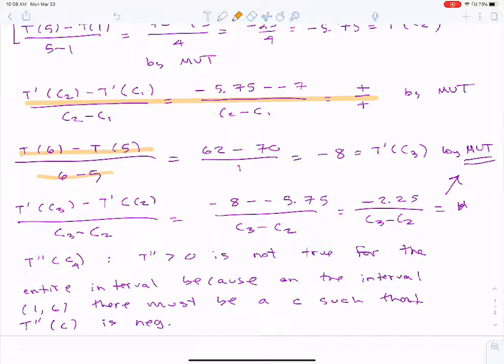Then the question is, I still don't understand why you found numbers for T prime, but you use that to justify T double prime.